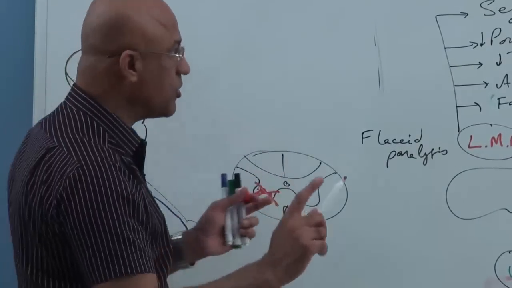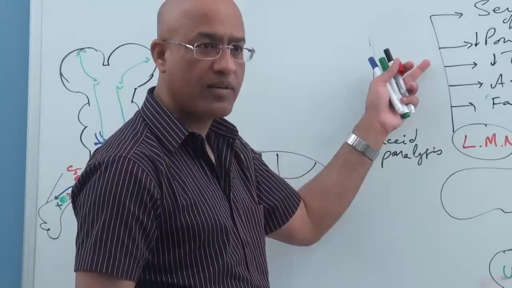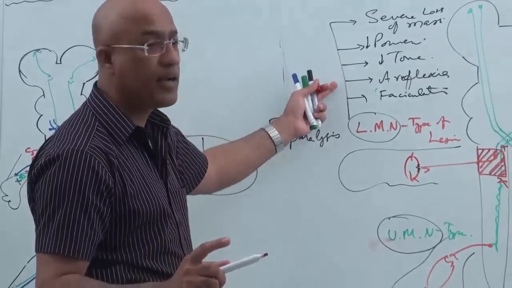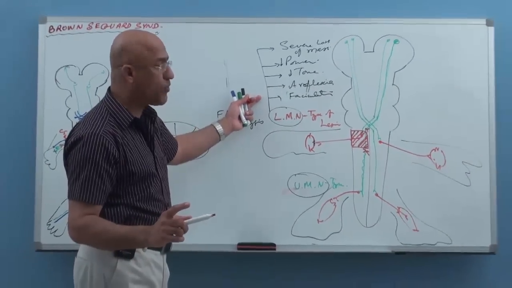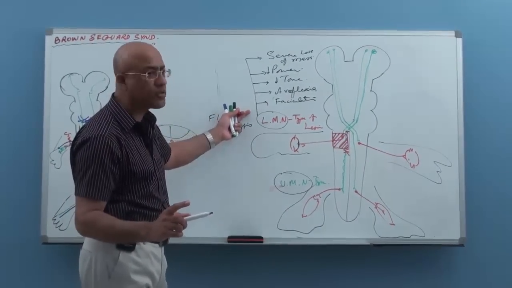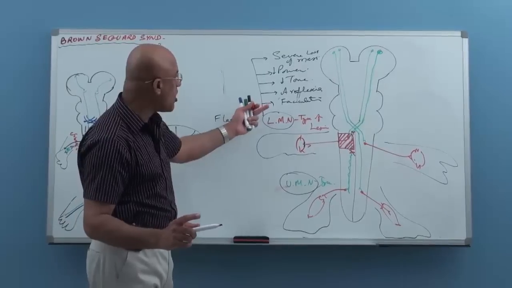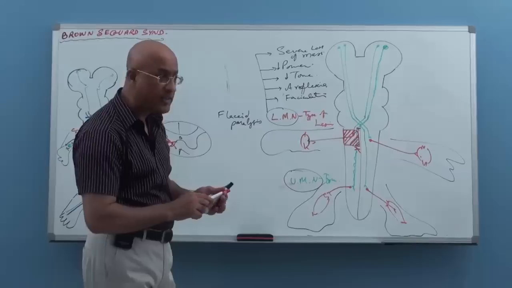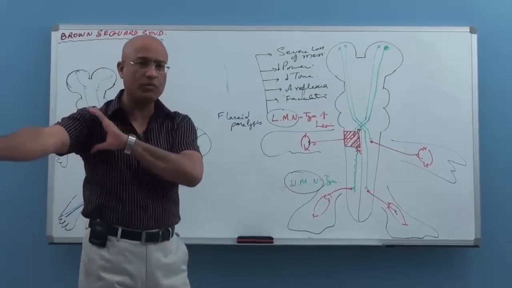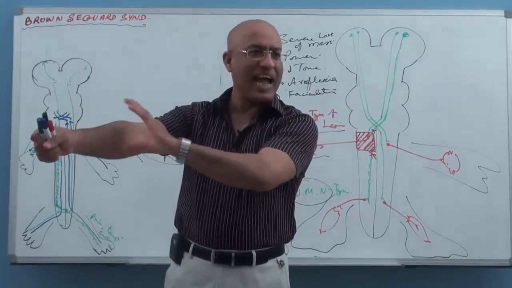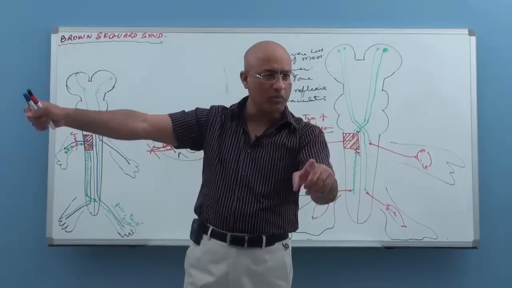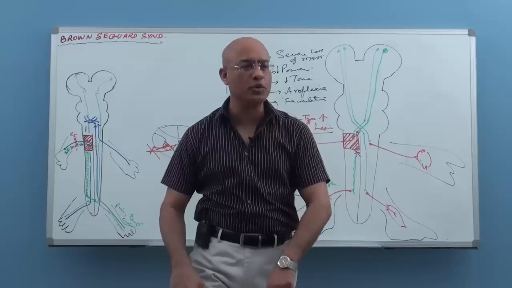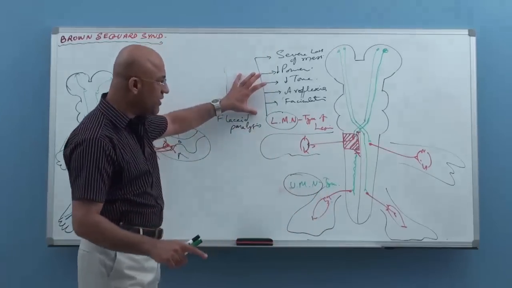Lower motor neuron syndrome: there is severe loss of mass, loss of power, especially in specific muscles, severe tone loss, reflexes are lost, deep tendon reflexes are lost, and fasciculations should be there. All this together is called lower motor neuron syndrome. Is that right? And lower motor neuron syndrome will be seen in the upper limb. At the level of lesion, you will see lower motor neuron syndrome, and below the level of lesion, you will see upper motor neuron syndrome. Is that right?